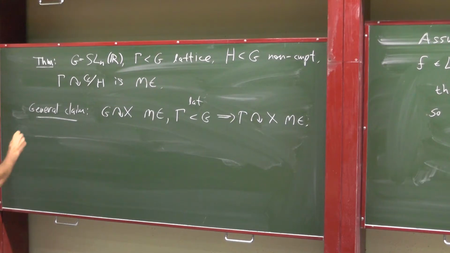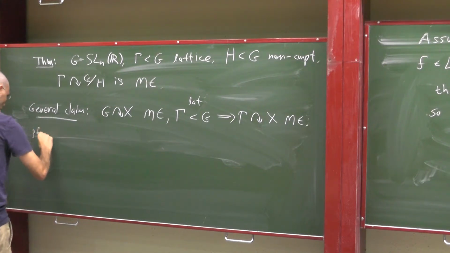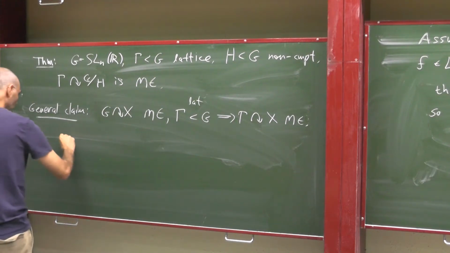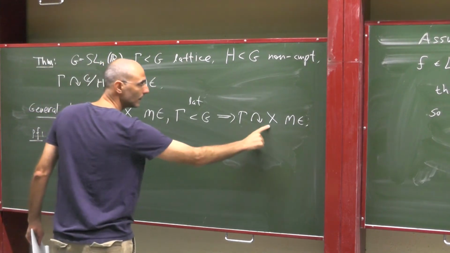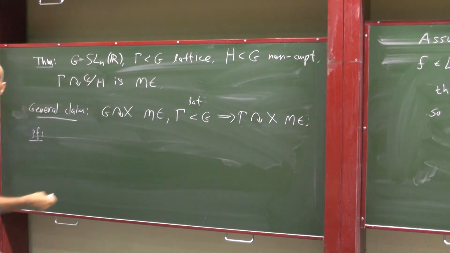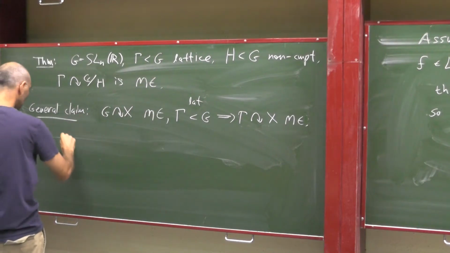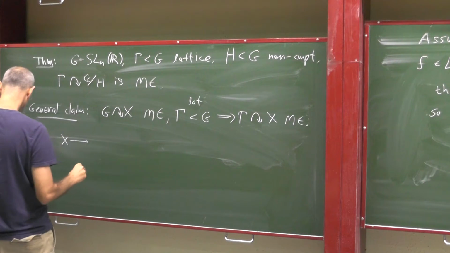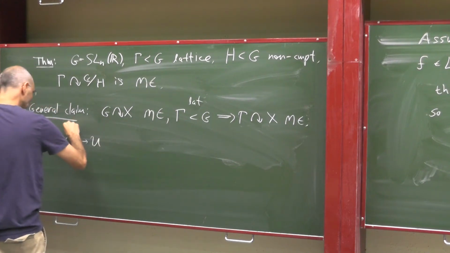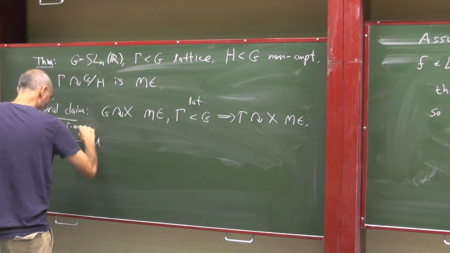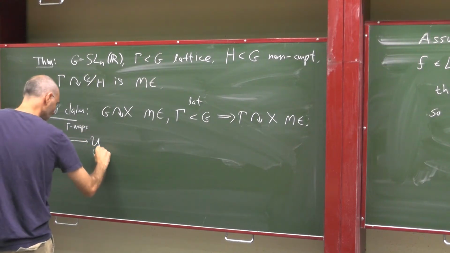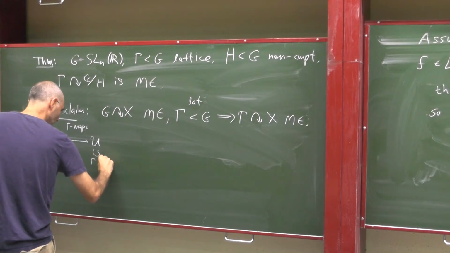So, proof of that. I want to show that this is metrically ergodic. So with obvious notation, I want to show that there are no gamma maps from X to U. Gamma acts by isometries here.